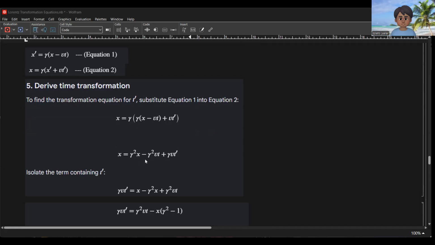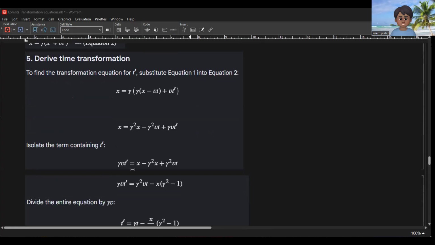So we have this. Then isolate the term containing t prime here. So we have gamma times v times t prime, which is equal to x minus gamma squared x plus gamma squared times vt here.